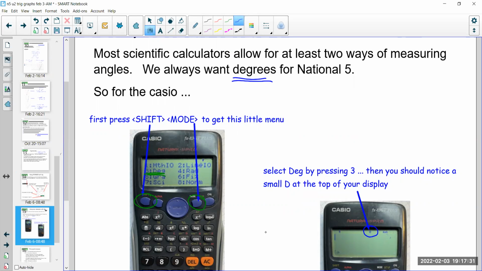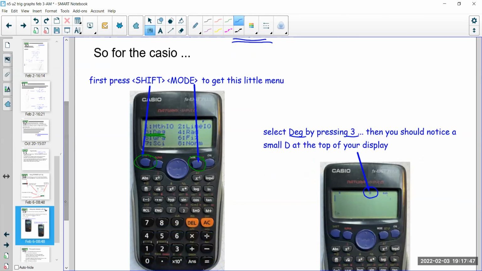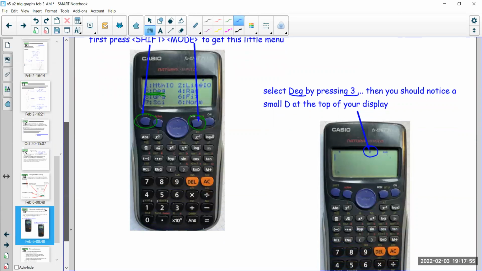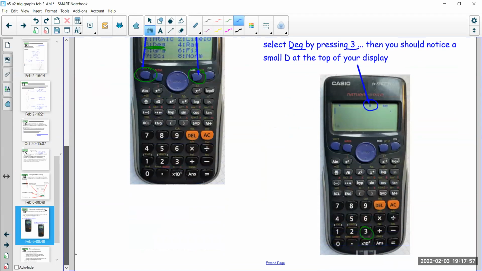If you're not too sure, press Shift Mode, and then press 3 to select degrees. You would see the D appearing on your calculator. If you use an fx calculator, I think you can just scroll through to degrees, but by default they set it to degrees anyway.